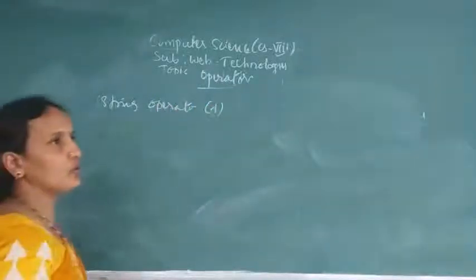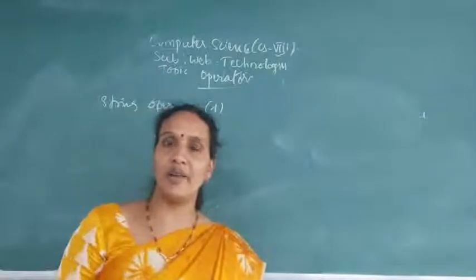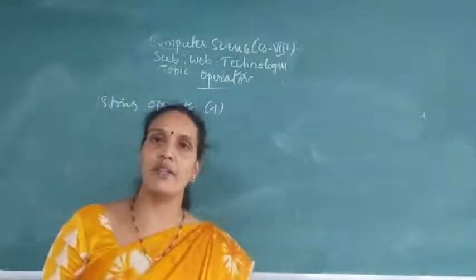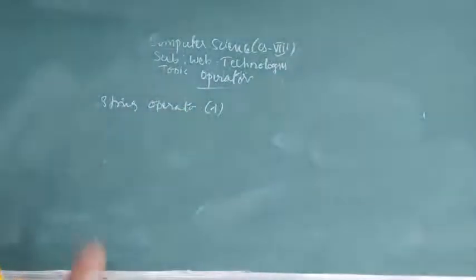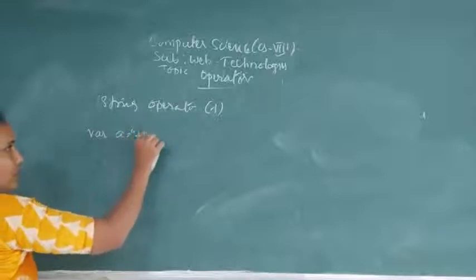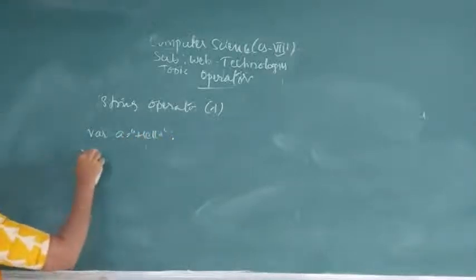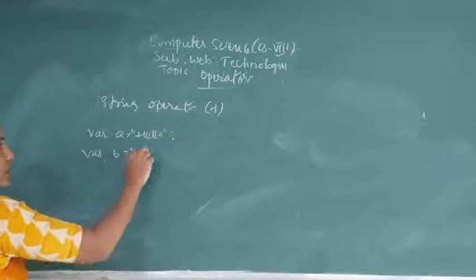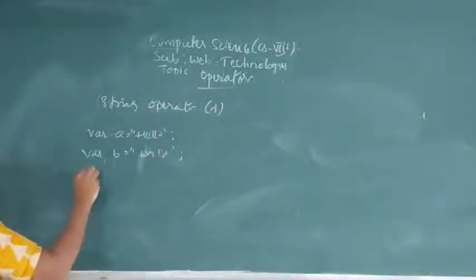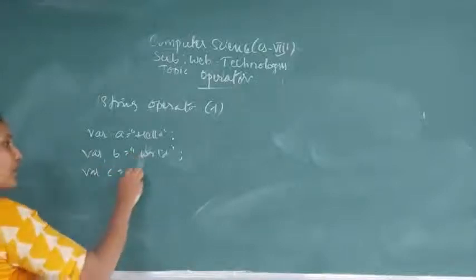Which is used to combine, join, concatenate two strings. Okay, here this operator is used to join two strings. Example, var a equals to hello. Next one, var b equals to world. Okay, now var c equals to a plus b.